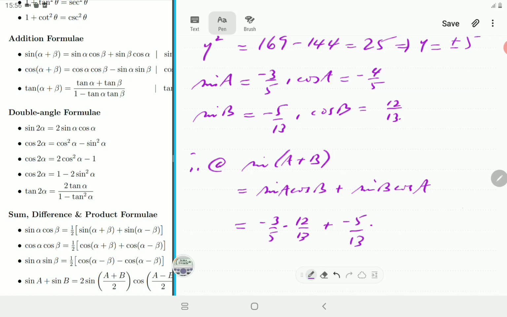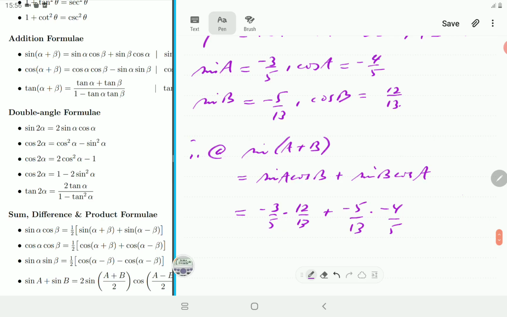Cosine A is negative 4 over 5. Just make sure these are okay. So sine A is negative 3 over 5. Cosine B is 12 over 13, yes. Then sine B is negative 5 over 13. Cosine A is negative 4 over 5.